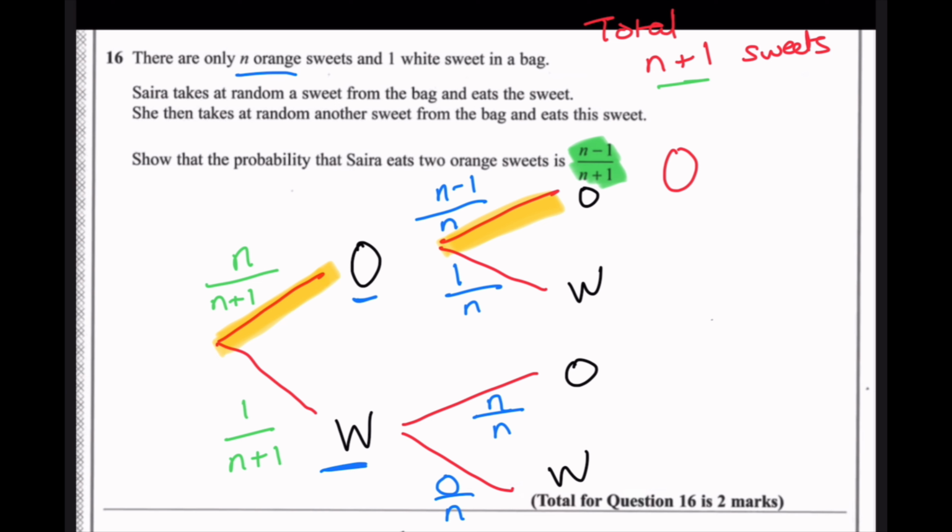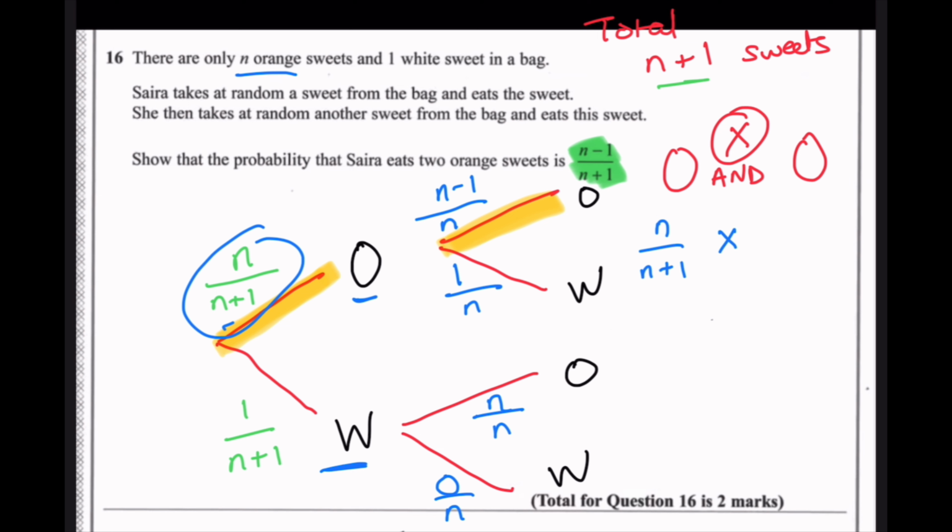So probability O and O is multiplying them together for and. So the probability of the first orange sweet is here, n over n plus 1, multiplied by the probability of the second orange sweet, n minus 1 over n.